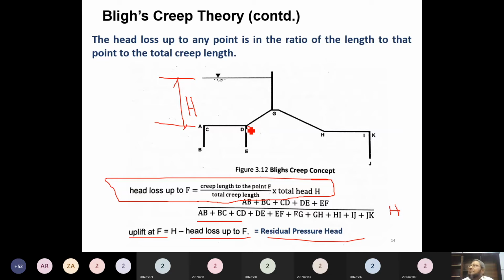Sir, how do we compute uplift at F? Yes, this is uplift at F. This is equal to total H minus head loss up to F, and head loss up to F you have computed like this. This is the head loss up to F: creep length up to point F divided by total creep length into H. Did you get it? Yes, sir.